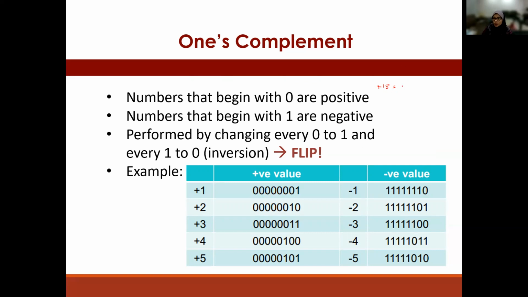So we have 0 0 0 0 1 1 1 1. This is positive 15. If we want to know the negative 15 using one's complement, we need to flip, or invert, each of the bits. So the answer would be 1 1 1 1 0 0 0 0. This is negative 15.